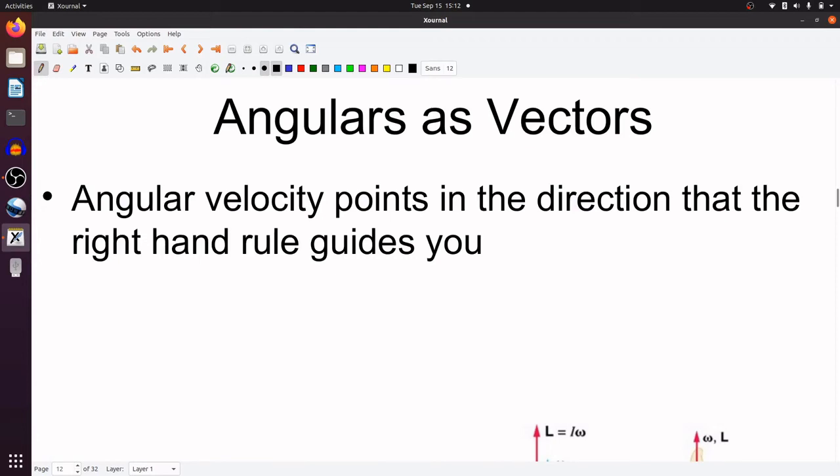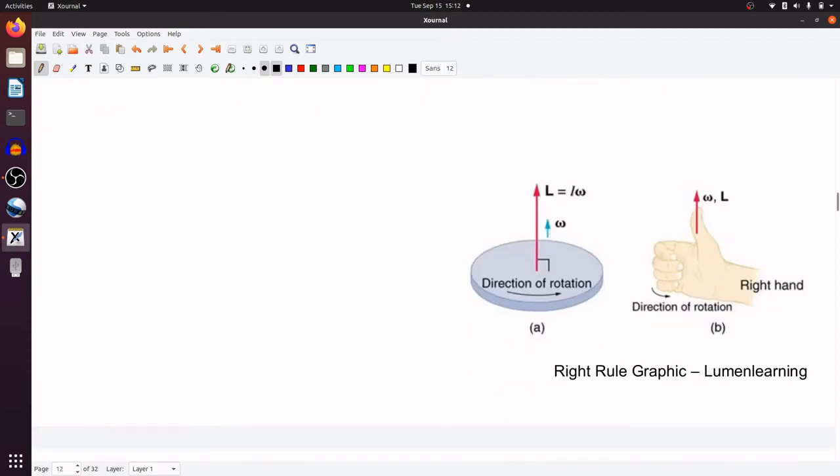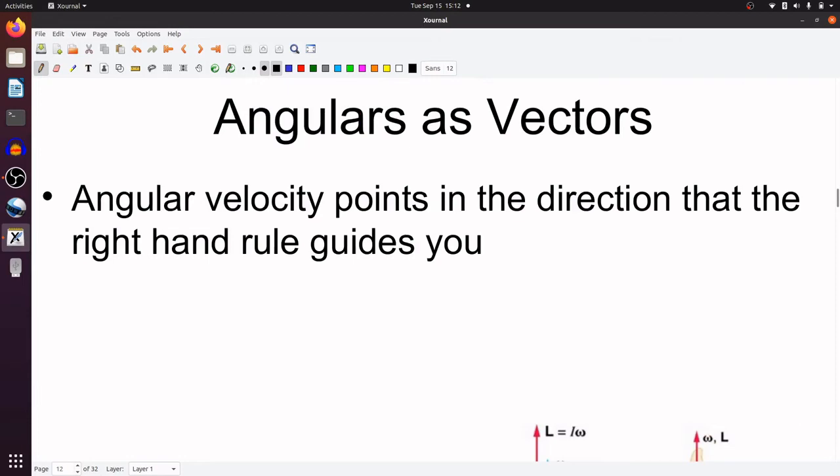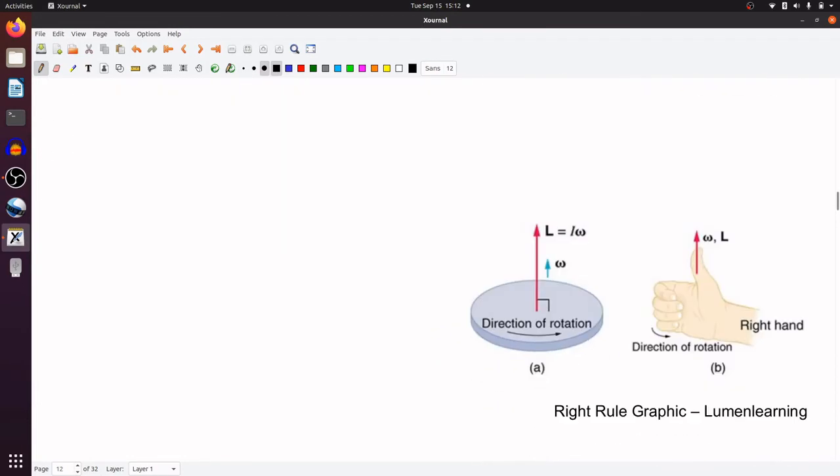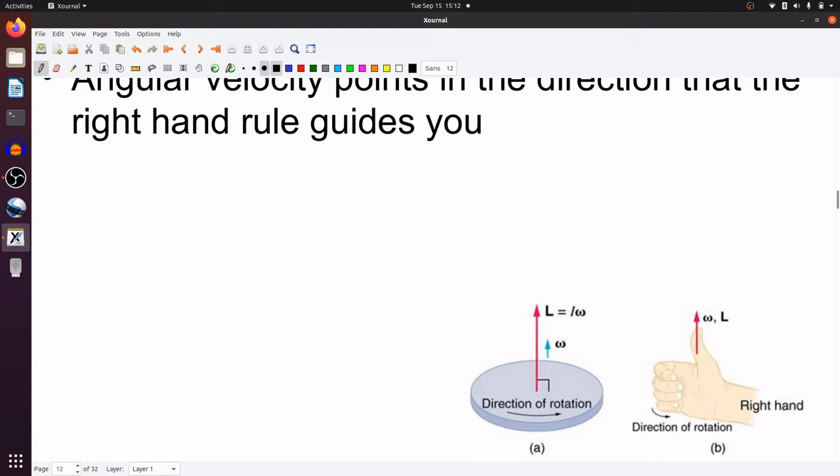Angular versus vectors. Angular velocity points in the direction that the right-hand rule guides you. What is the right-hand rule? Well, just like this little picture, you take your right hand, and if you curl your fingers in the direction of the rotation, you will see the direction of the angular velocity vector. So let's say we're going this way. You would curl your fingers in the direction, and so the angular velocity vector points towards you.